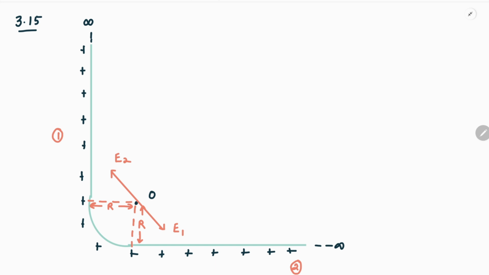So if I write the statement over here for the value that we have calculated, if we have understood problem 3.14, we can easily say that the electric field at this point is equal to root 2 lambda upon 4 pi epsilon naught r, and this is directed at 45-degree angle.